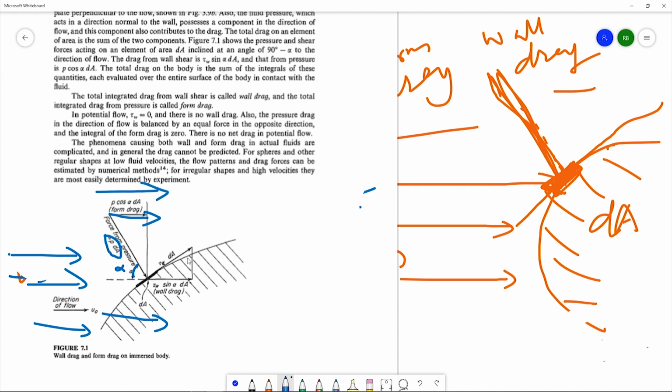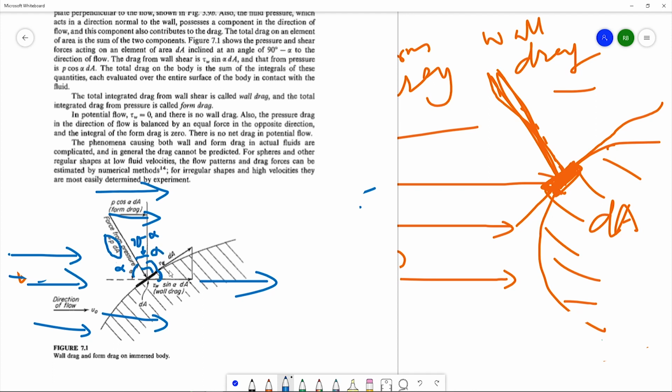Again, you have to calculate the shear force in the direction of the fluid flow, right? So you have to calculate the component of shear stress in this direction. So what is the angle? If you consider this, these two are 90 degrees. So this is 90 minus alpha, right? And this is 90 degrees, so this is going to be alpha.